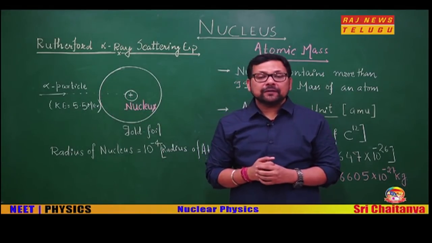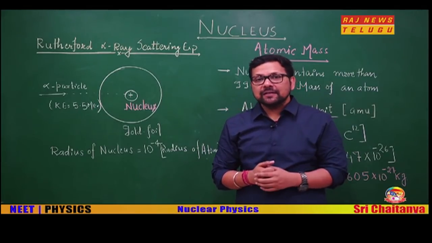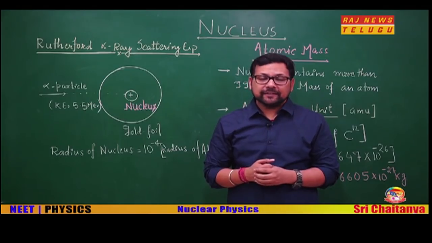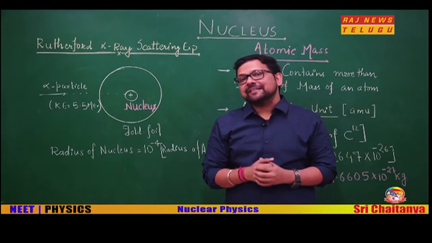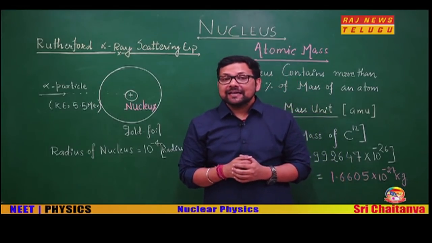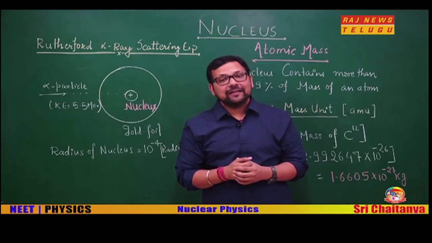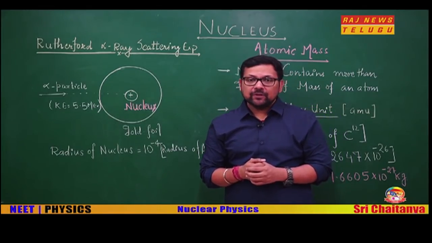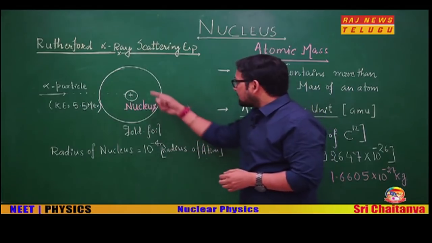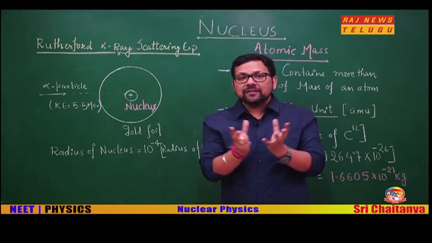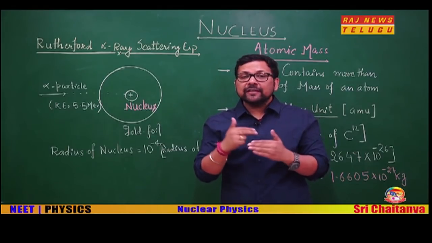Now, an alpha particle, being positively charged, can only be repelled by a positively charged entity. It means there was something positively charged inside that gold foil atom, and that was termed the nucleus.